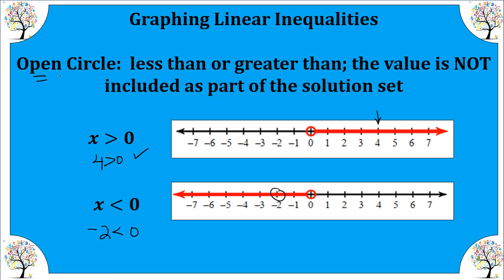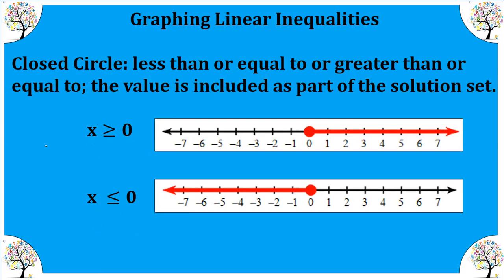So when we have an open circle, it means that the value is not part of our solution set. And then when we have a closed circle, then we know that the value given is part of the solution set. So this means x, my solutions, is equal to 0, so we're including 0, or is greater than 0. So if I put in 0 for x, if I picked this value that's shaded, we can see 0 is equal to 0.